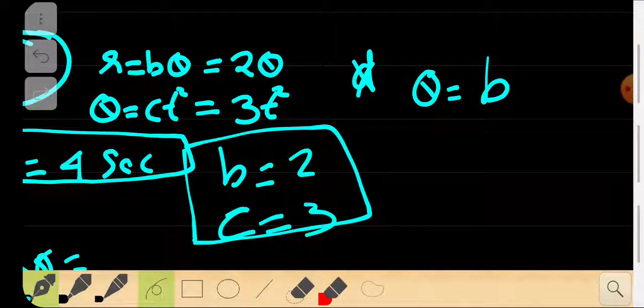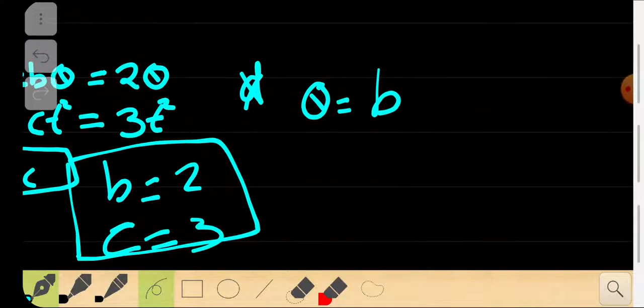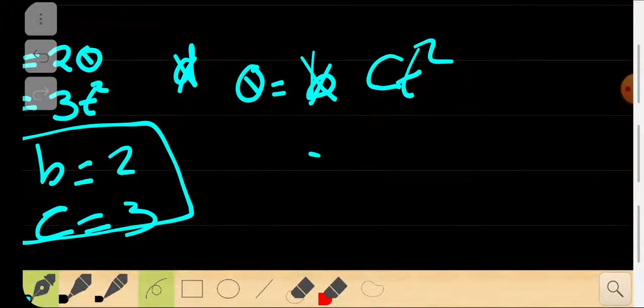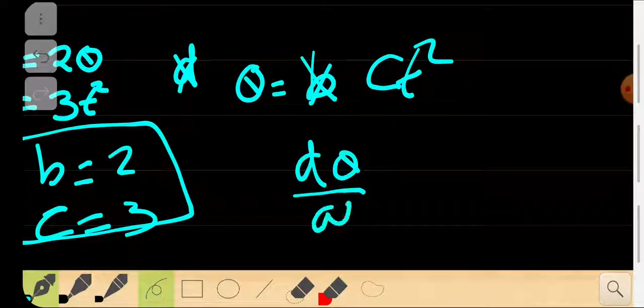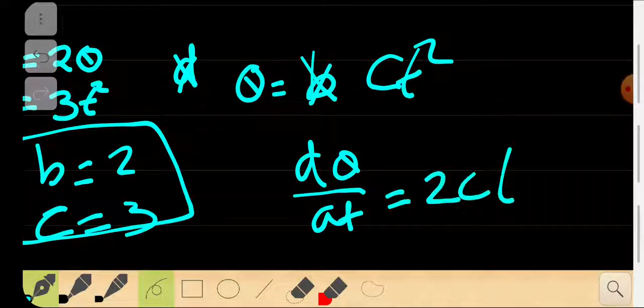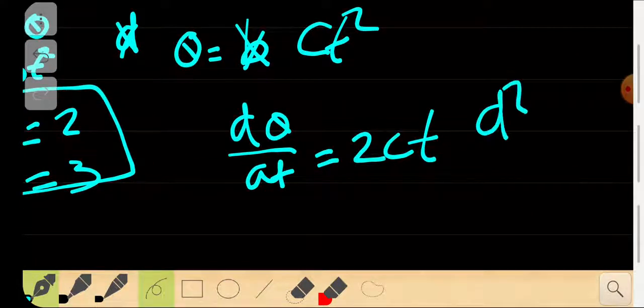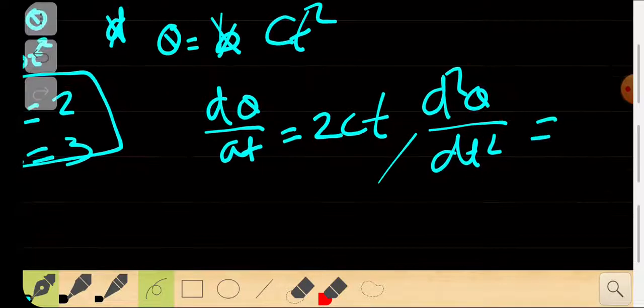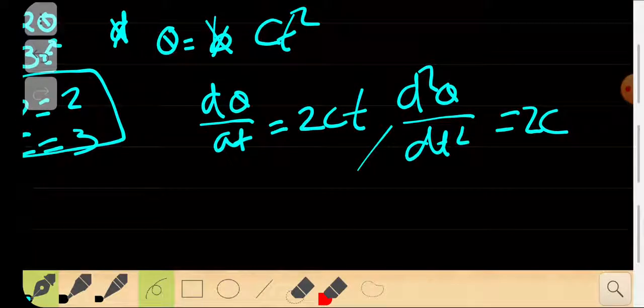Now let's use this in a generic equation so that it has a basic form. So r equals b times theta, and theta equals c t square. So d theta by dt will be equal to 2ct, and d square theta by dt square will be equal to 2c. So we got that.